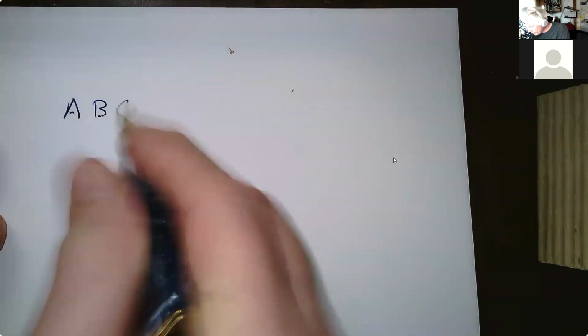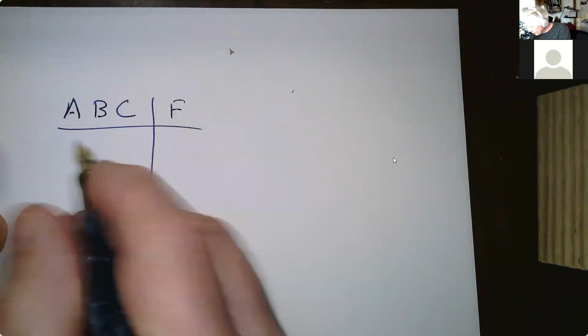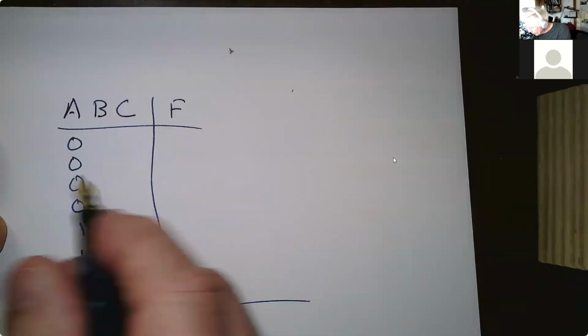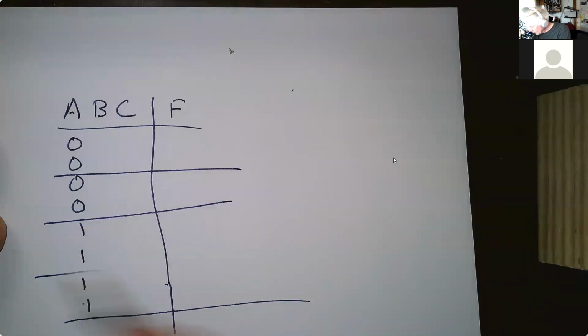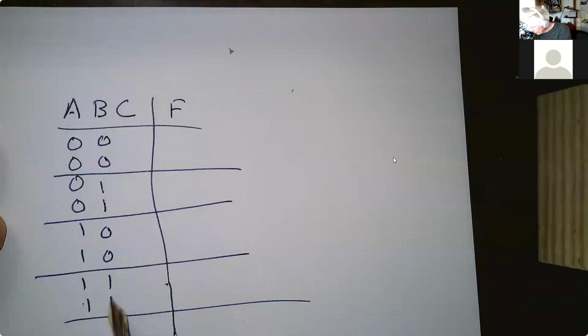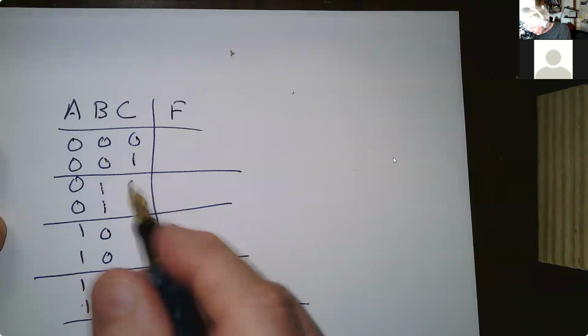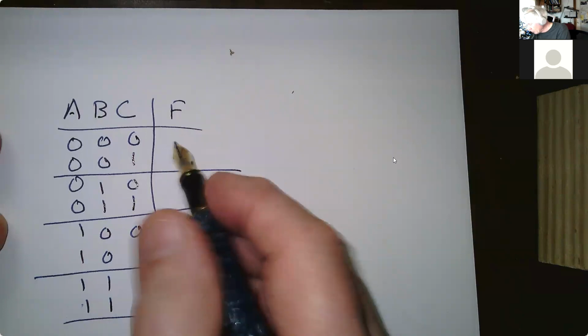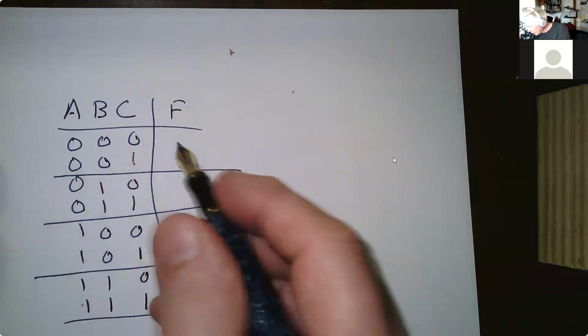Okay, good. All right, so let's say we have a truth table. Let's say we have three inputs, A, B, C, and we have an output F. We'll group the rows in pairs, just to make it easier to follow.